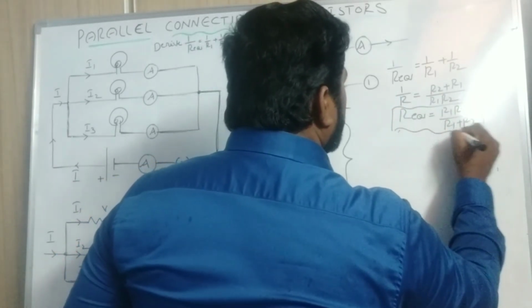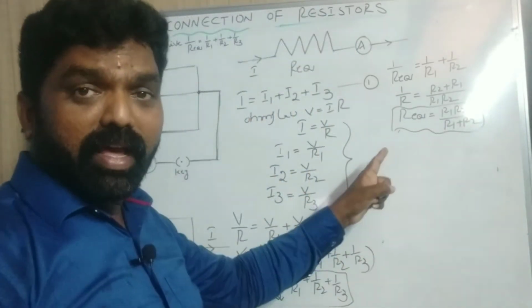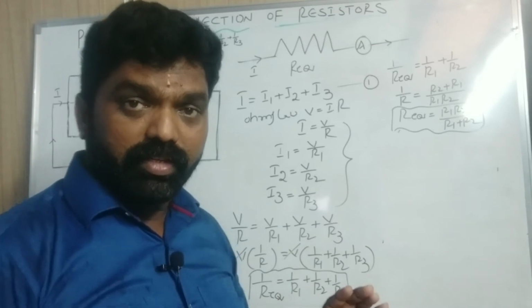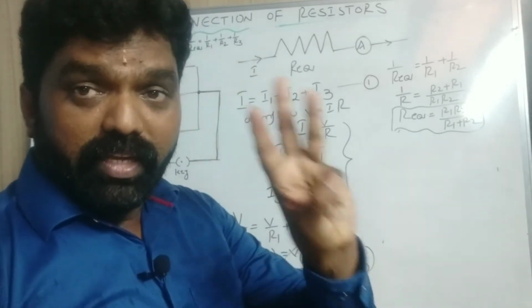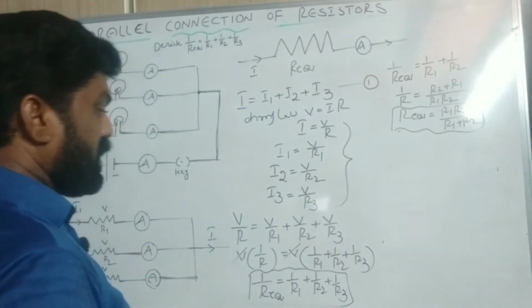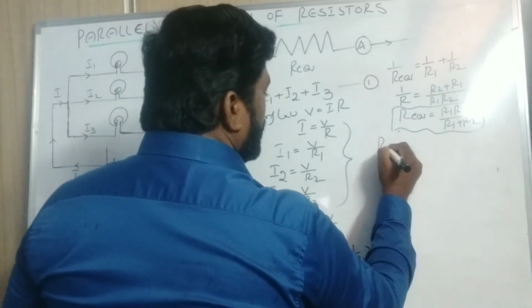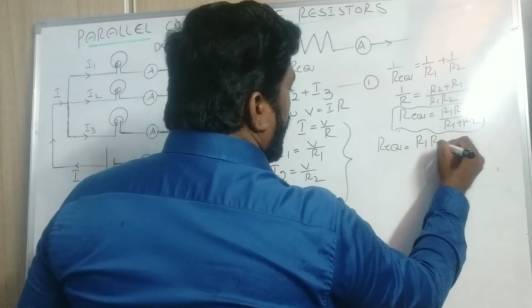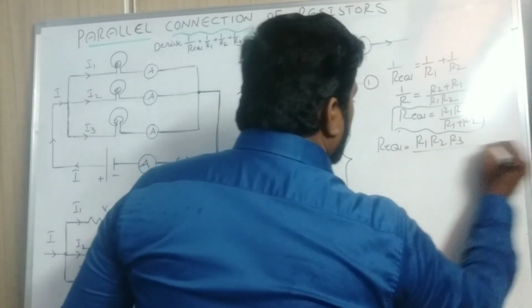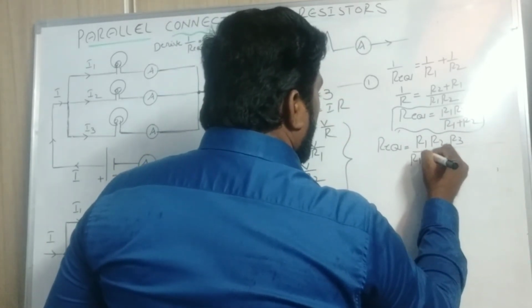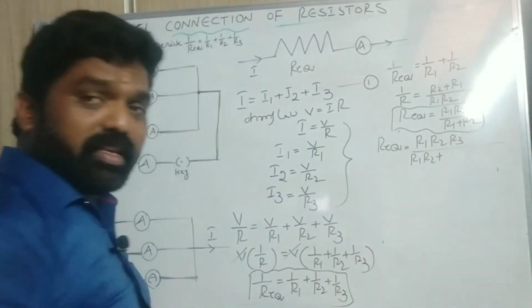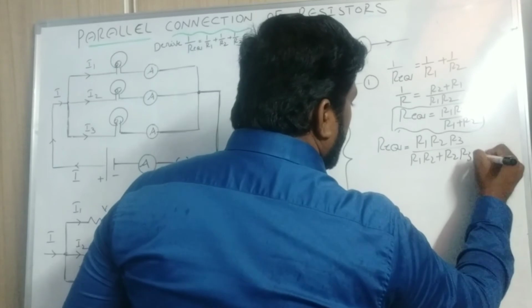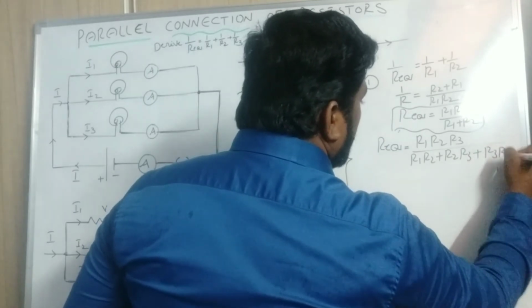When two resistors are connected in parallel, this is the equivalent resistance, right? Suppose three resistors are connected in parallel, then REQ equals R1 R2 R3 by (R1 R2 plus R2 R3 plus R3 R1), right?